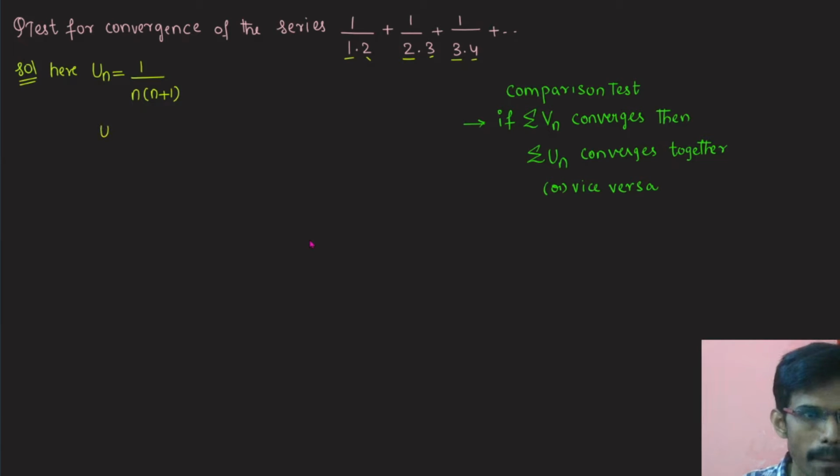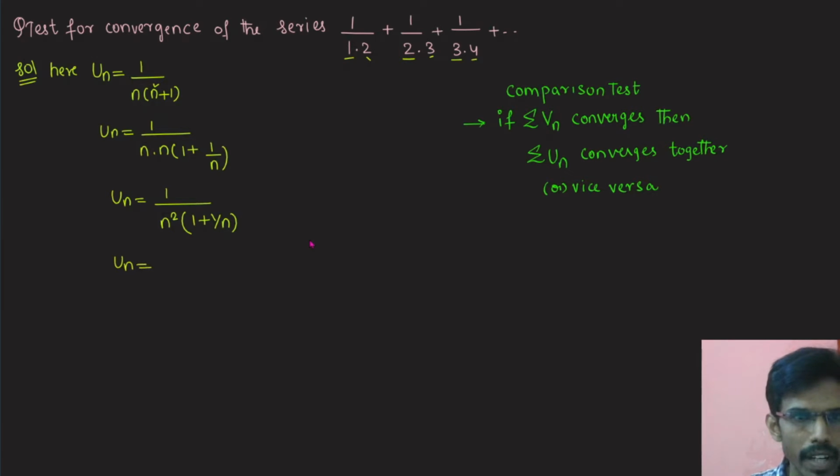Now take n common from this bracket part, then we have n into 1 plus 1 by n. Now we have un equal to 1 upon n into n will be n square into 1 plus 1 by n.